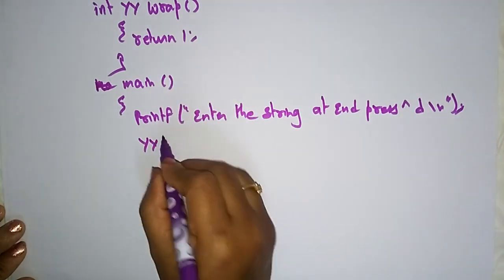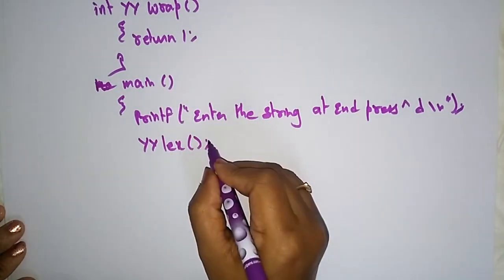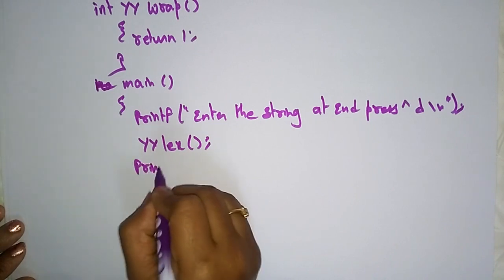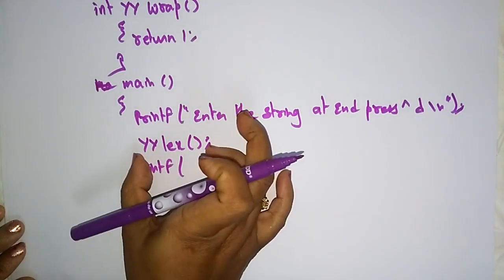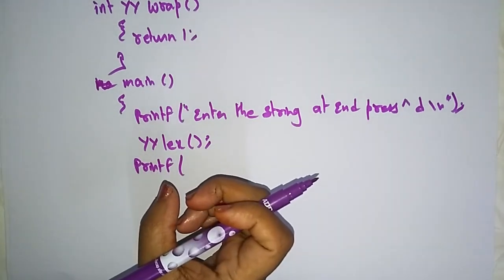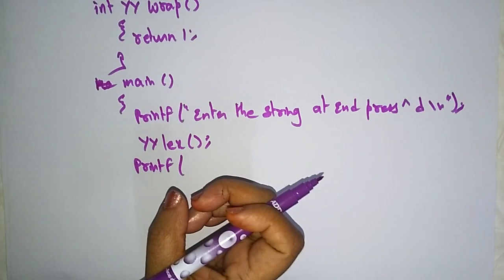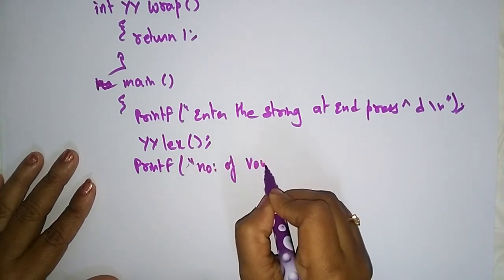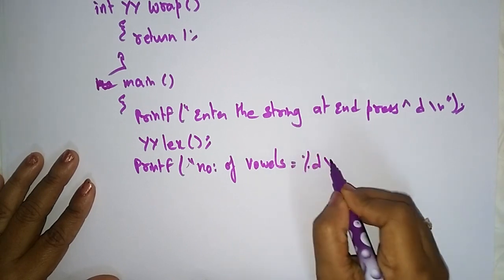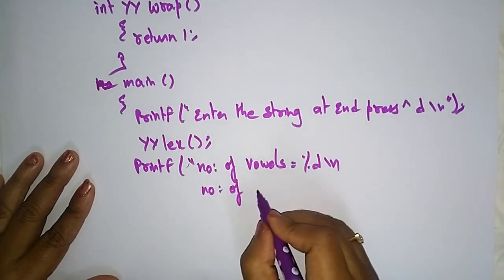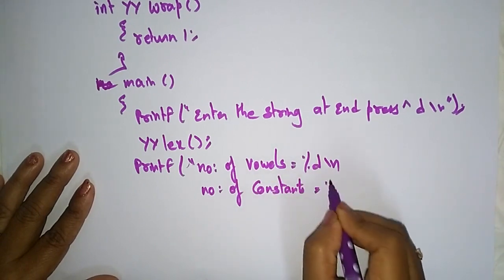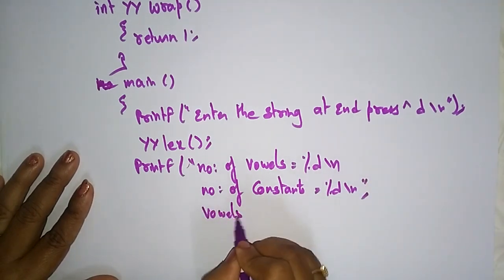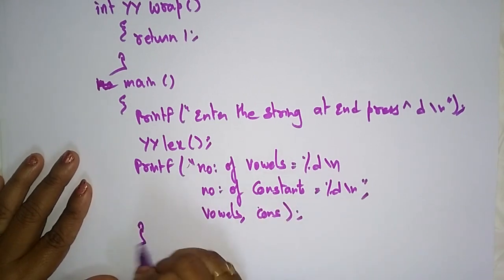Now I am just calling yylex(), the LEX tool. What LEX does is find out the tokens and which vowels and consonants are present in the input. Then printf("number of vowels %d\n") and printf("number of constants %d\n"), printing the vowels and consonants counts.